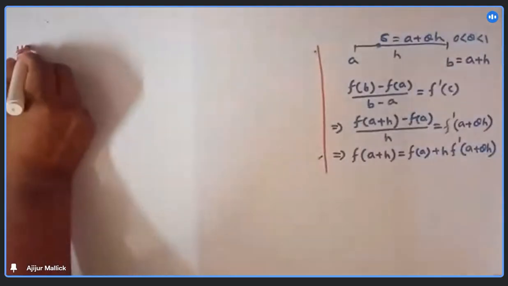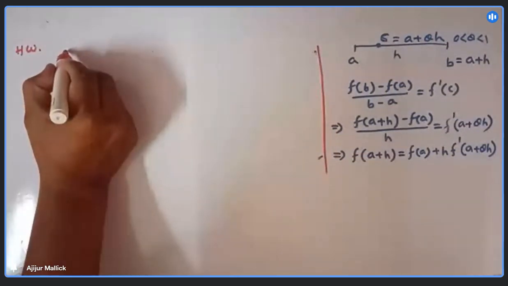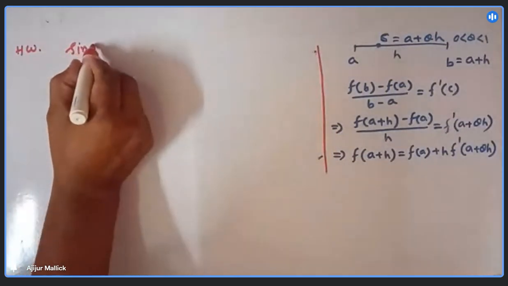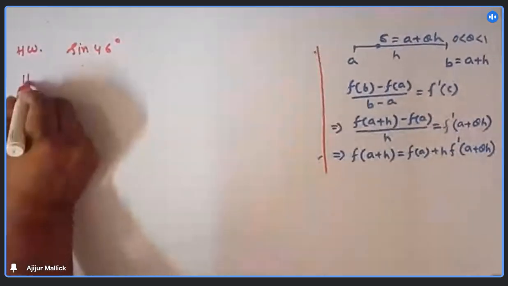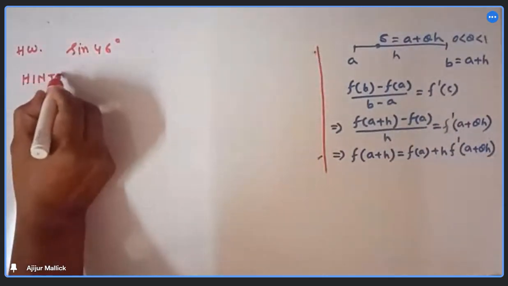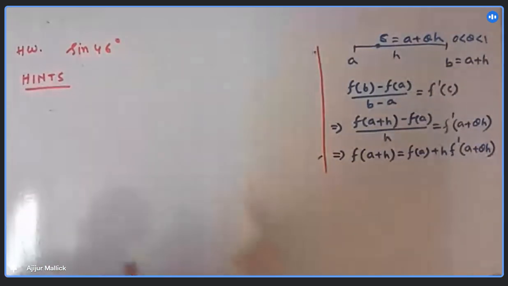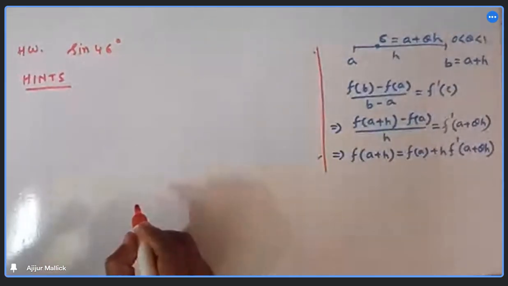Homework. Find approximate value of sine 46 degree. I shall give you hints. You will do this.